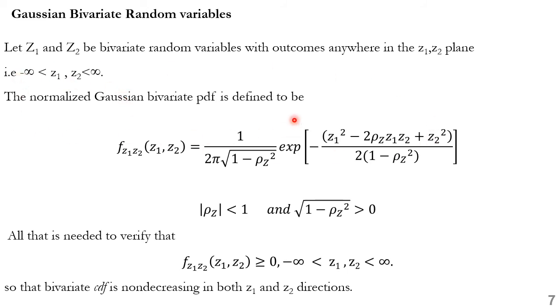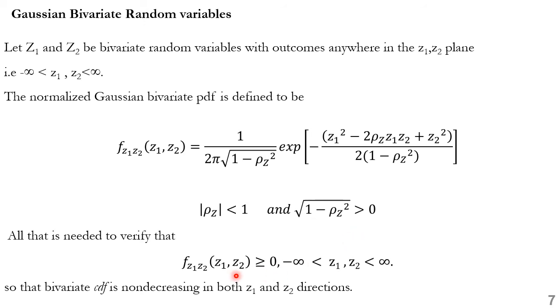The normalized Gaussian bivariate PDF is defined as f Z1 Z2 of z1 and z2 is equal to 1 divided by 2 pi root of 1 minus rho z square, exponential of minus z1 square minus 2 rho z z1 z2 plus z2 square in the numerator, divided by 2 times 1 minus rho z square. Here the absolute value of rho z is less than 1 and root of 1 minus rho z square is greater than 0.